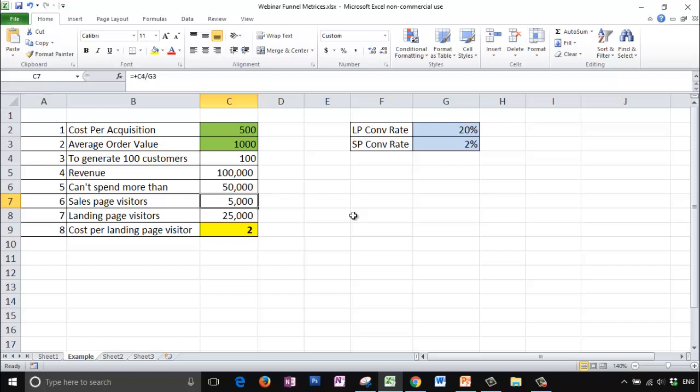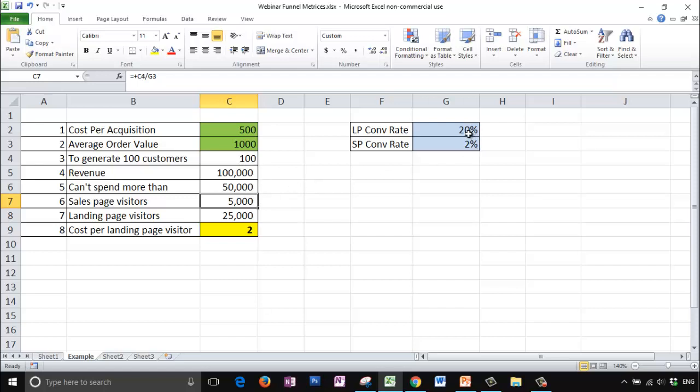So once you figured out that you need 5,000 people to come to your sales page, you've got to figure out how many people you want coming to your landing page. And those people multiplied by 20% will give you the 5,000 number. We're doing exactly what we had done to arrive at the number 5,000 when we knew that 2% of 5,000 would give us 100 customers.